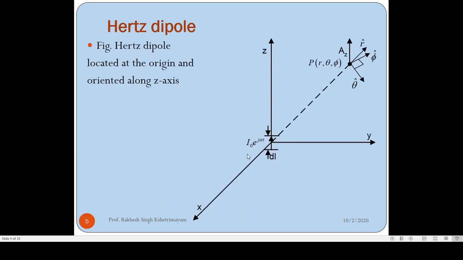So this diagram will show the location of the Hertz dipole. It's at the origin. It's a small current carrying element of length dl, and current is time varying and amplitude is I naught. Variation with respect to time is exponential j omega t.